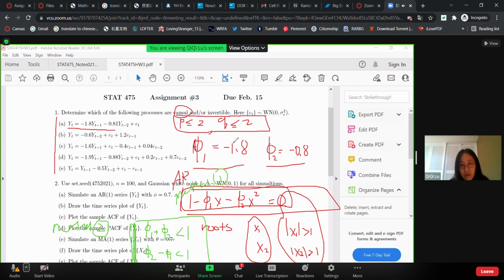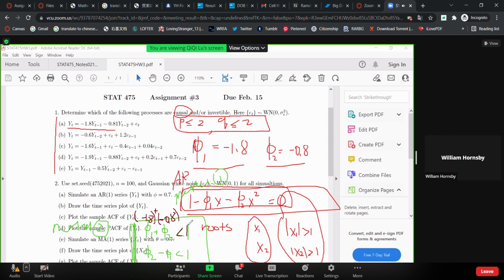Okay, so for this one, phi1 is negative 1.8, right? Yes. Phi2 is negative 0.81. So two negatives, the sum is negative, right? So then it's less than 1. So the first one is okay.